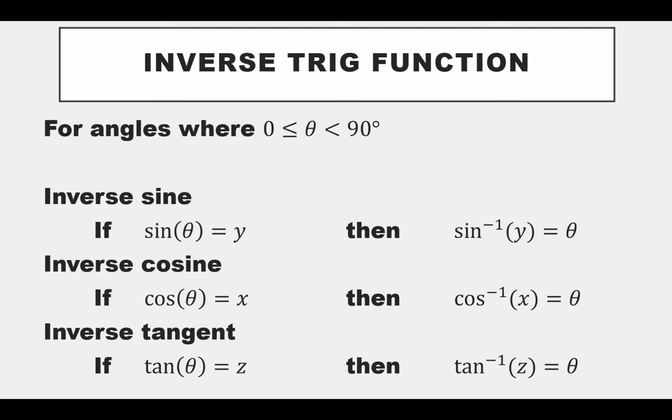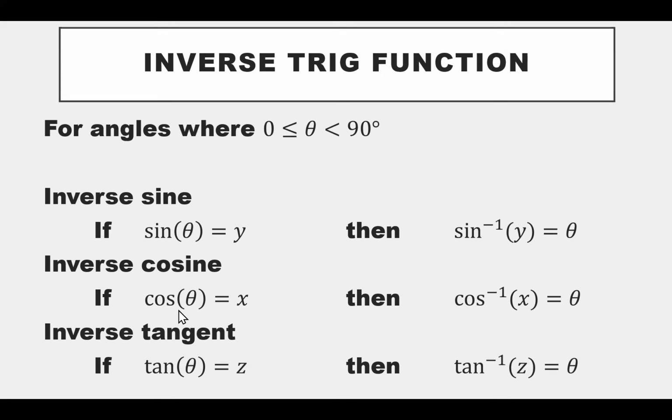In order to solve the triangle, we'll need to find the angles. It turns out if an angle is between 0 and 90 degrees, then we can use inverse trig functions to find those angles. This is how it works. If I know that sine of an angle is equal to y, and I know that that angle is between 0 and 90 degrees, then the inverse sine of y will be equal to the angle theta.